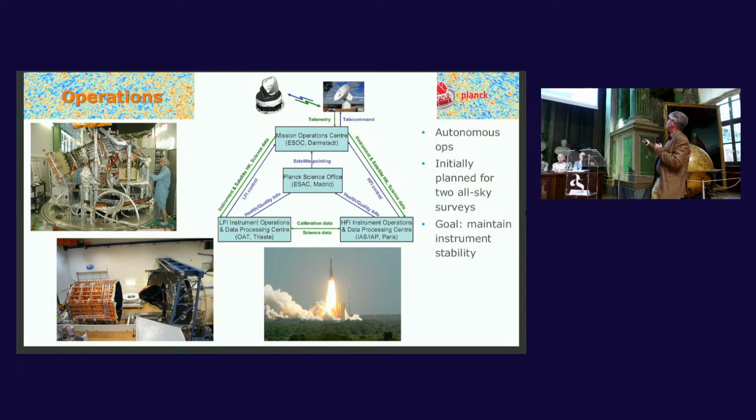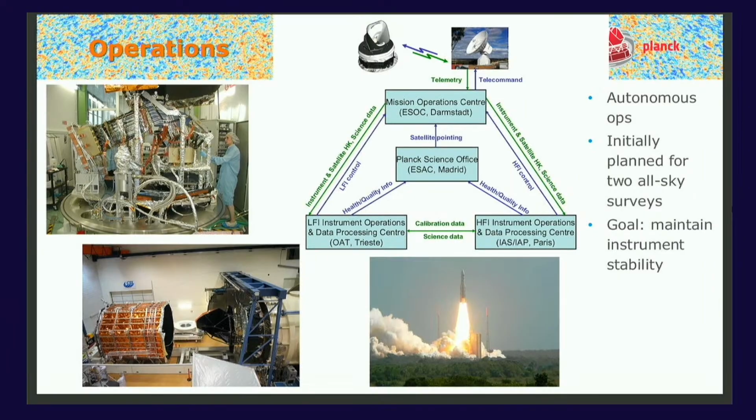And the main goal for operations is to maintain instrument stability. Once you set those instruments, you don't want to touch them anymore. They have to remain stable. So we had this center that was doing satellite operations, 2 centers doing science operations for each of the instruments, and this other thing in the middle for various reasons.